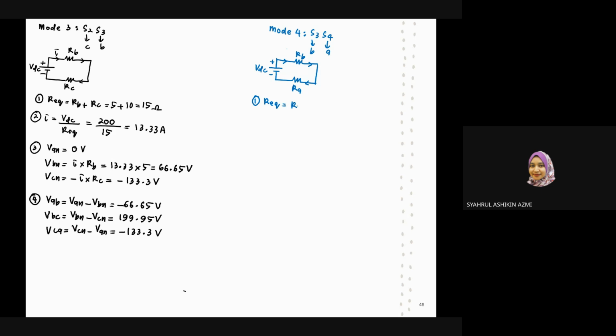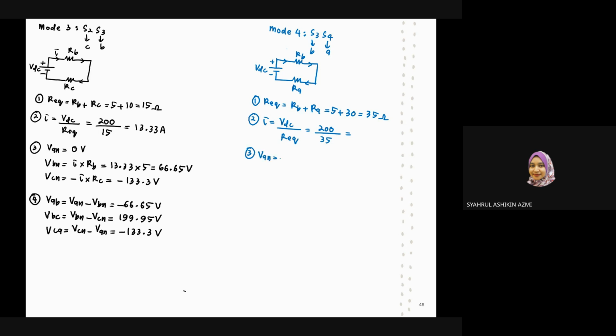So RA plus RB. RB is 5, RA is 30. So you will get 35 ohm. Step number 2, find the current. Current will be equal to VDC over R equivalent. The DC link voltage is 200 divided by 35. Find me the answer for that.